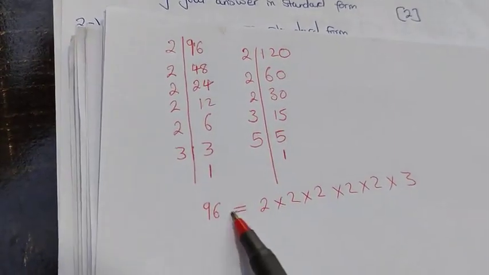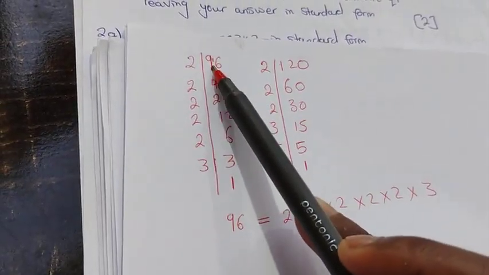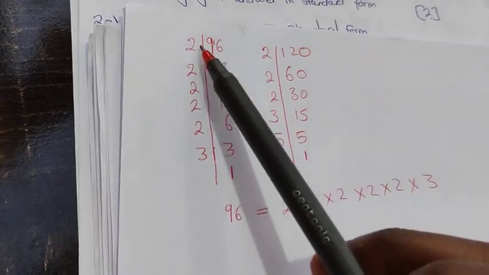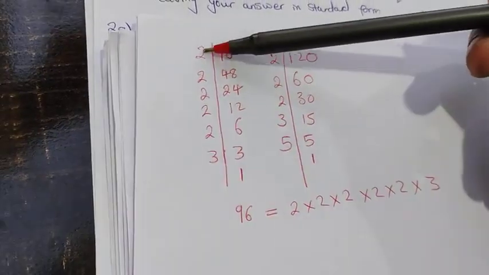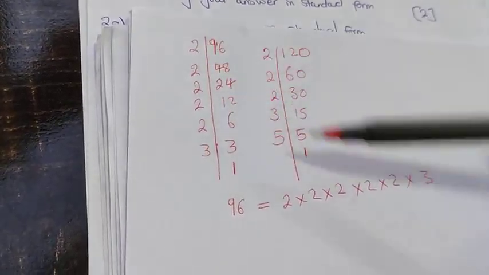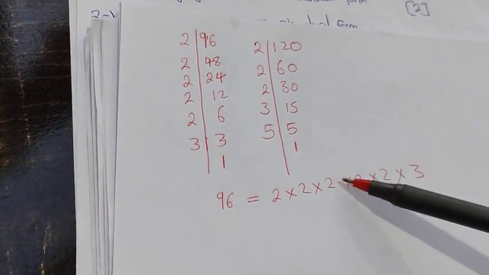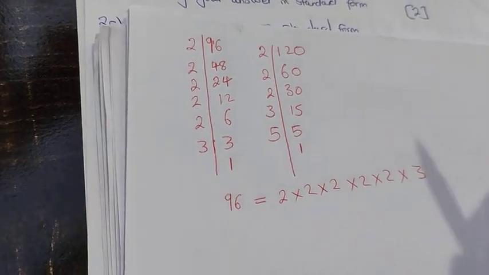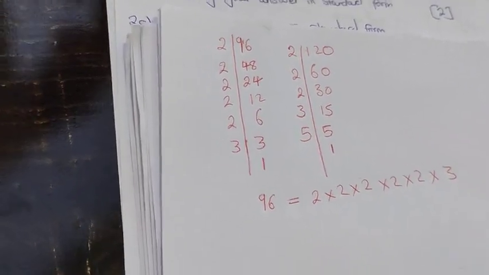They can ask you, write 96 as a product of its prime factors. So this is how you do it. You multiply 2 times 2 times 2 times 2 and you leave it like that. That is how to write as a product of its prime factors.